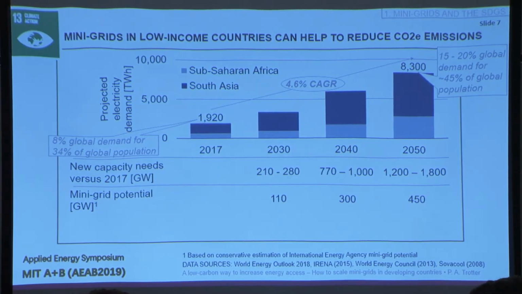And then there have been a number of studies, and I don't really want to bore you with the details, that have estimated from those numbers what could be the mini-grid potential, where it would actually be cost optimal, rather than expanding the grid to very remote areas with very low population density, to do it with mini-grids, and also because mini-grids are able to foster productive use of electricity. These numbers are kind of a mean between different studies that have come out.